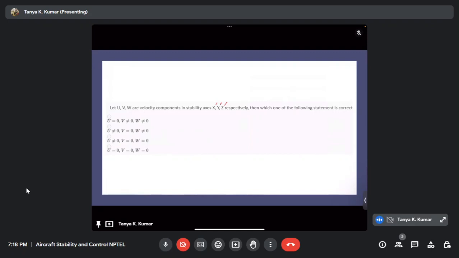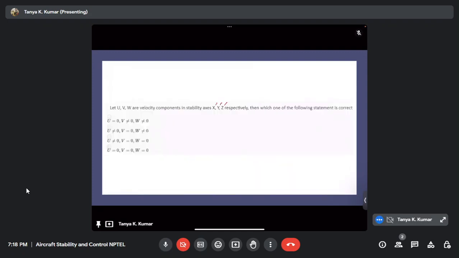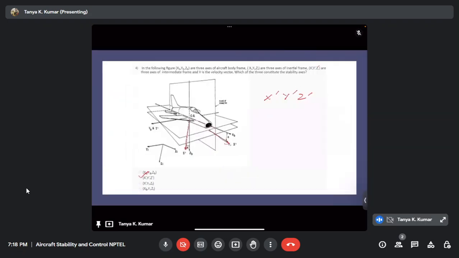So if it's aligned to the velocity vector, it's v. Now if it is aligned to the velocity vector, will it have components in other directions? In the x dash direction, that is u, will not be 0 because it is aligned to that. So in y dash direction, z dash direction, what will be the components?